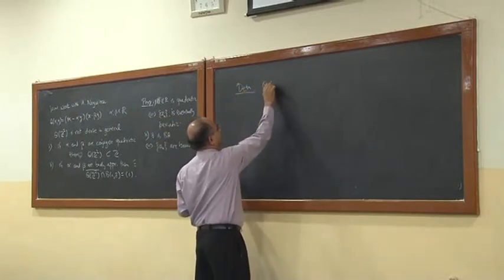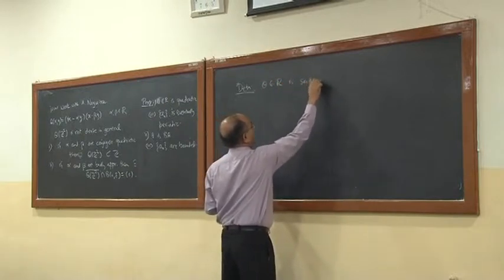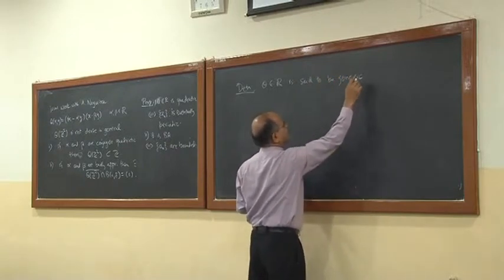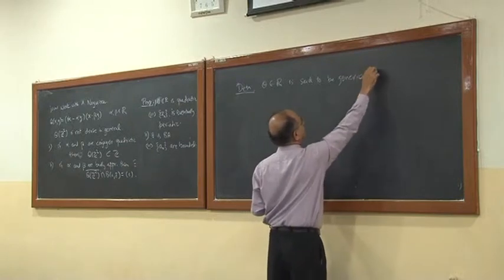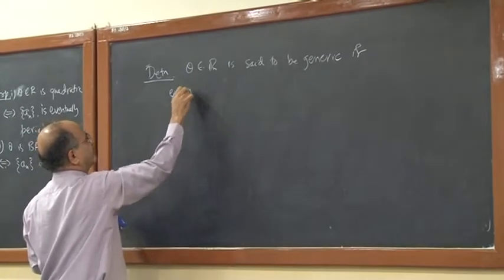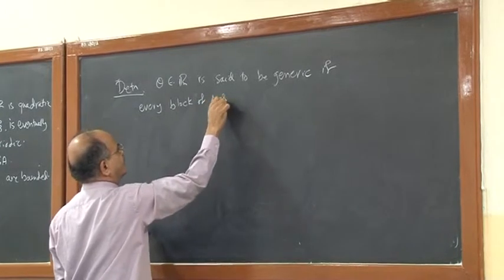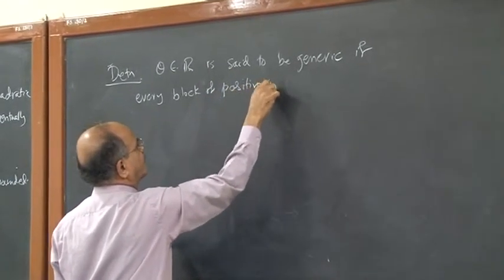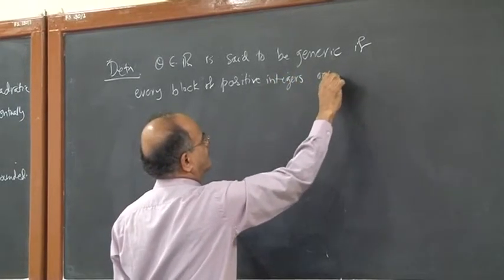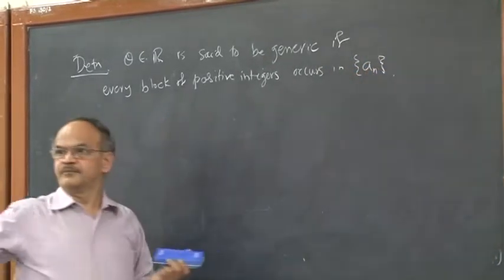Theta in R is said to be generic if every block of positive integers occurs in the an.